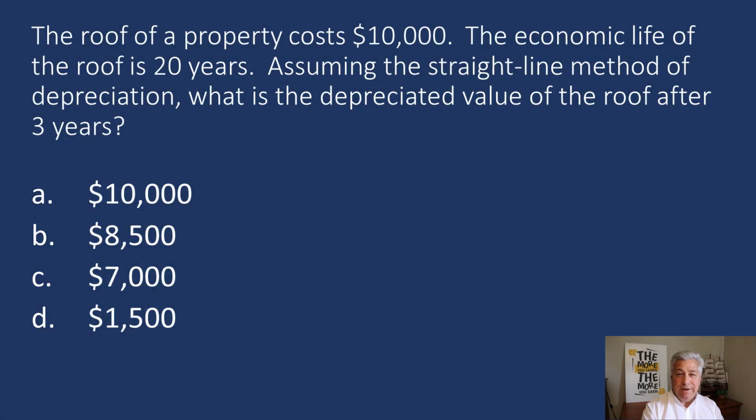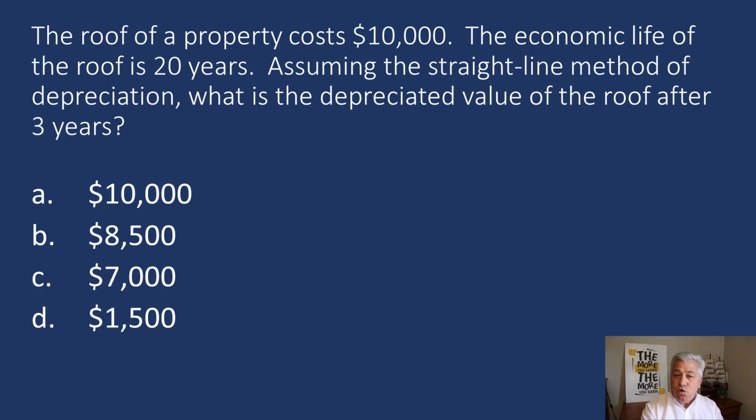Question number 17. The roof of a property costs $10,000. The economic life of the roof is 20 years. Assuming the straight line method of depreciation, what is the depreciated value of the roof after 3 years? Well, straight line depreciation. We're always given a lifespan and a value, and we simply divide the 10,000 value by the 20 years.